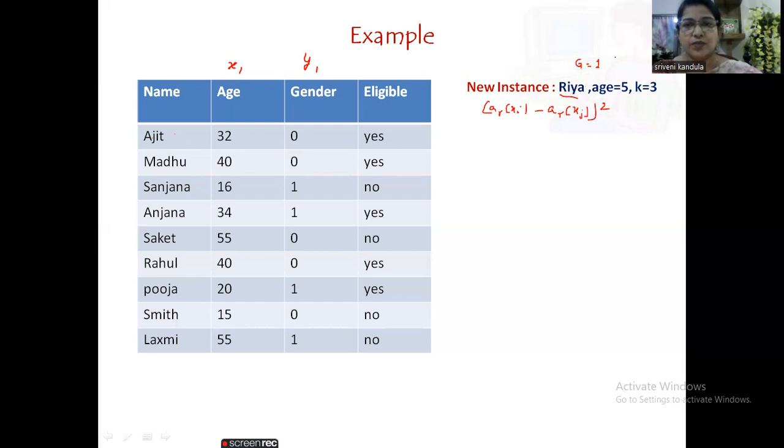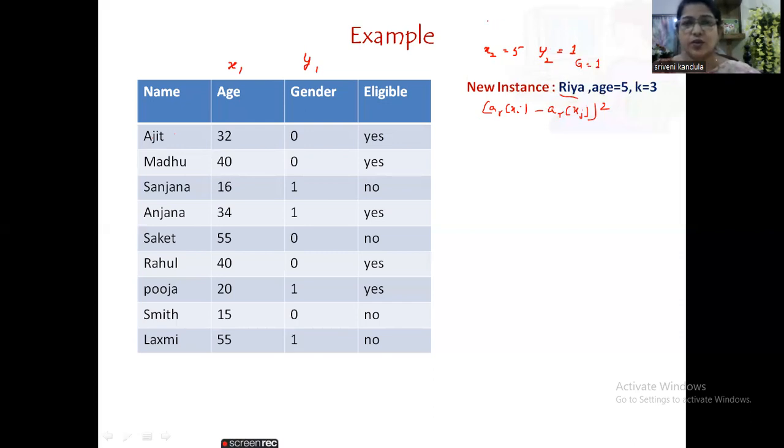From this, I can get the gender as female, which is 1. So now my X2 is 5 and my Y2 is 1. Age we are taking as X, gender we are taking as Y. Now the formula for distance calculation, we are already aware of, right?